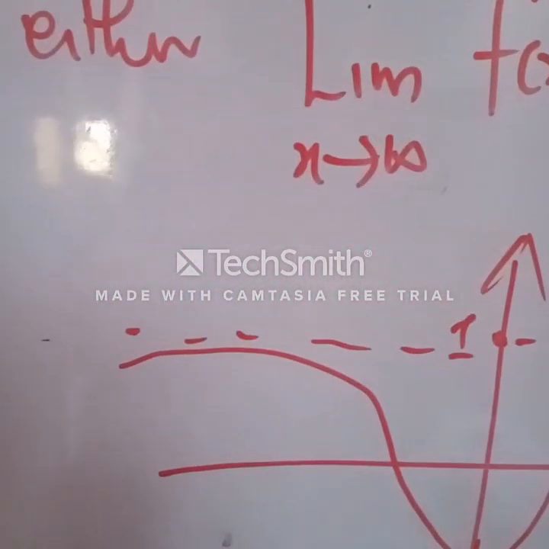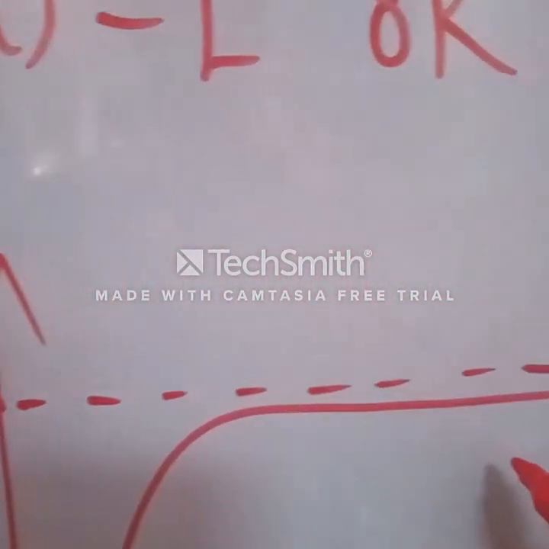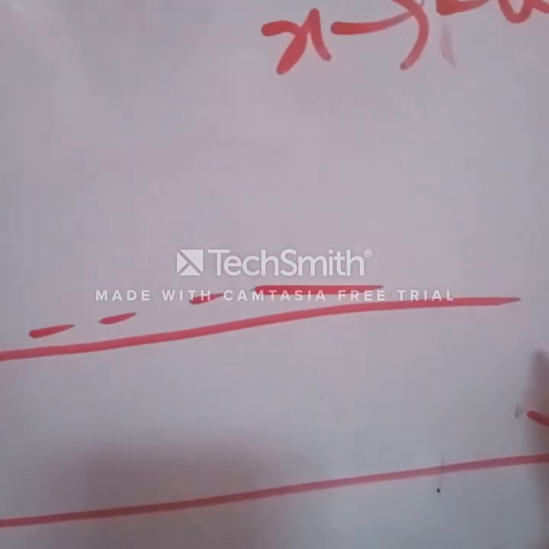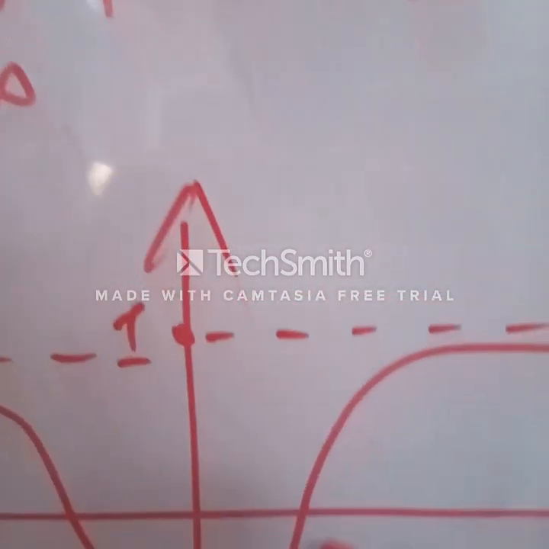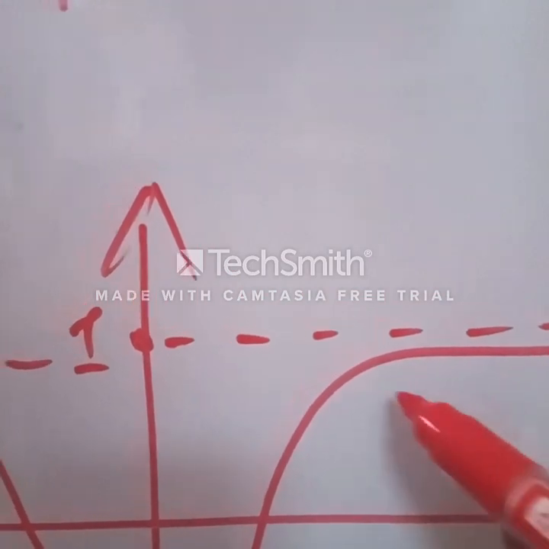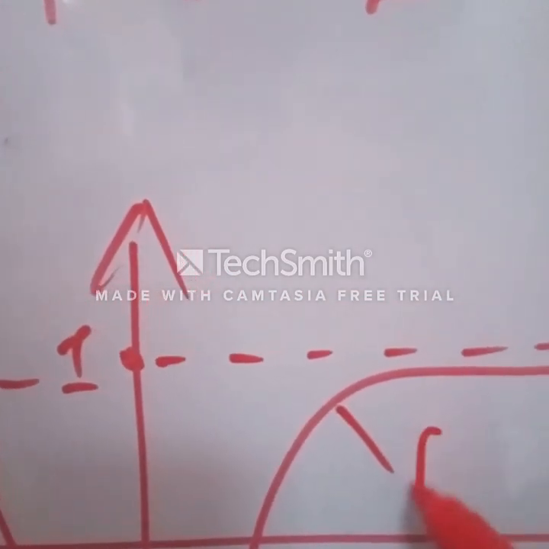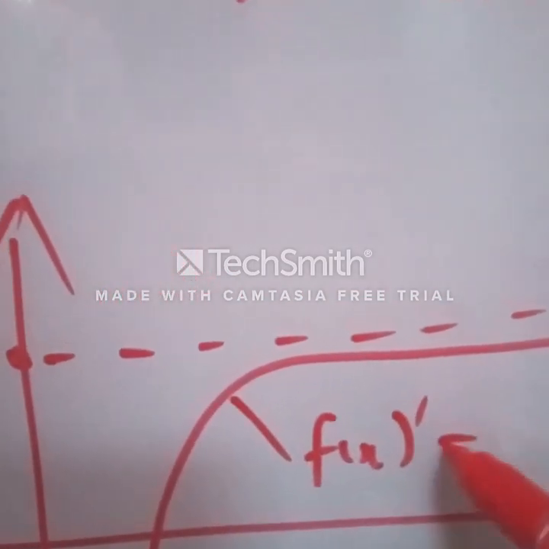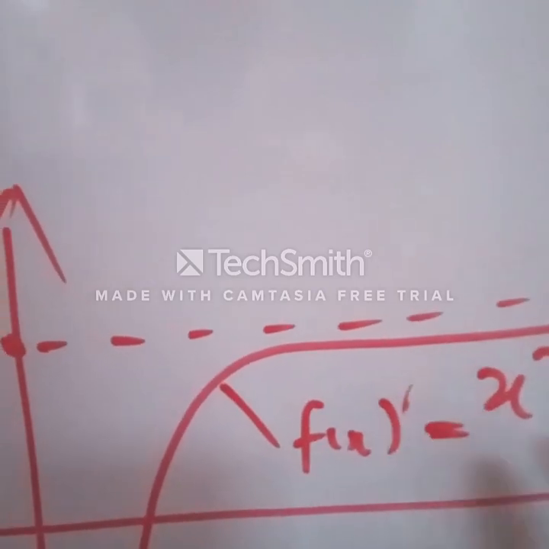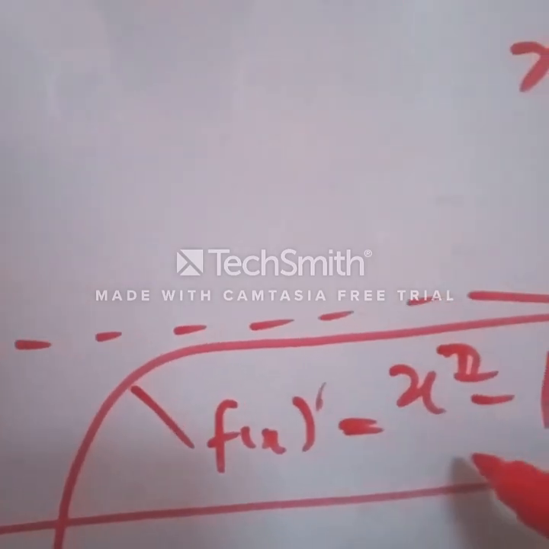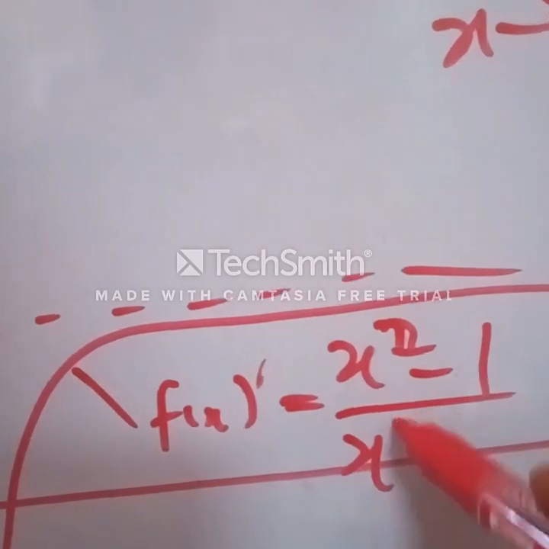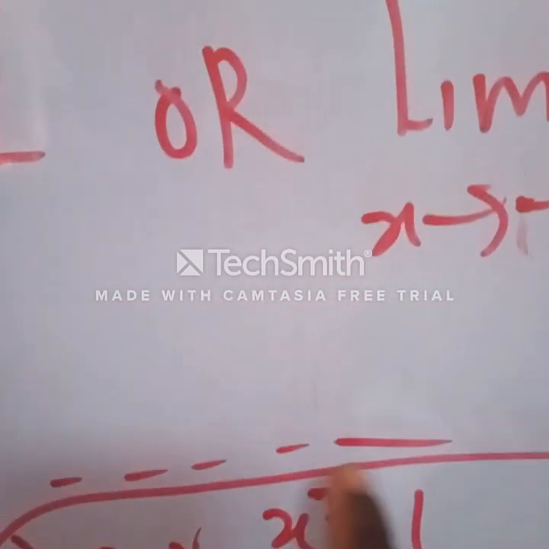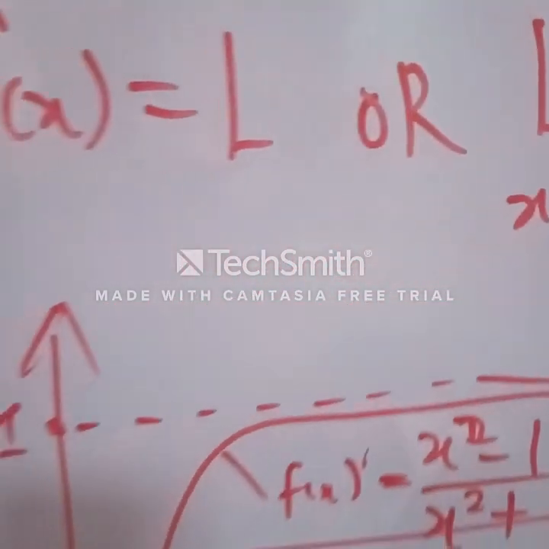We see that as x becomes large from the right, the curve of this function f of x equal to x squared minus 1 divided by x squared plus 1 tends to 1 from the right.